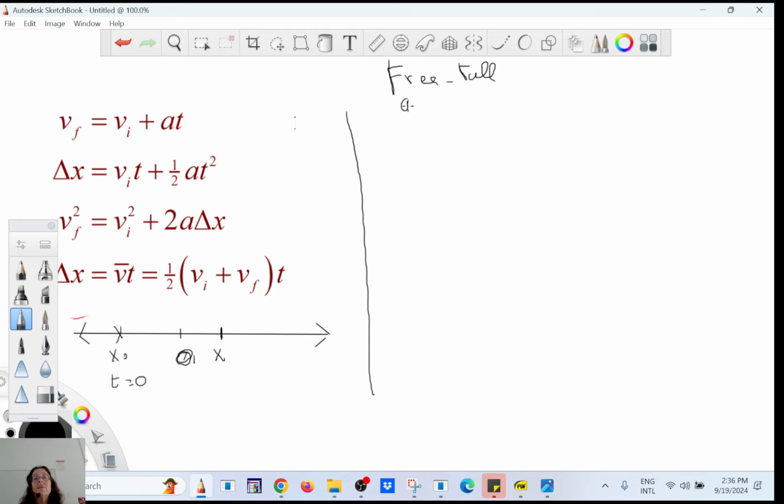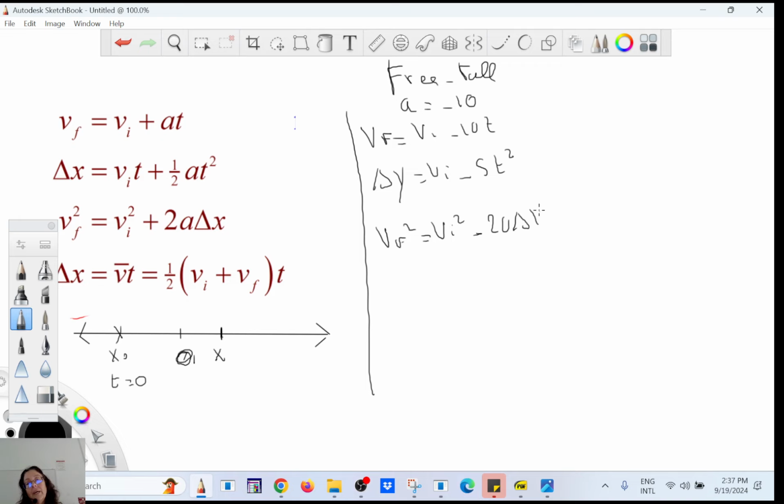In those cases, acceleration is minus 10, and the equations become: final velocity equals initial minus 10t, delta y equals initial times t minus 5t squared, final squared equals initial squared minus 20 delta y, and average velocity equals delta y over time, which is also initial plus final divided by 2.